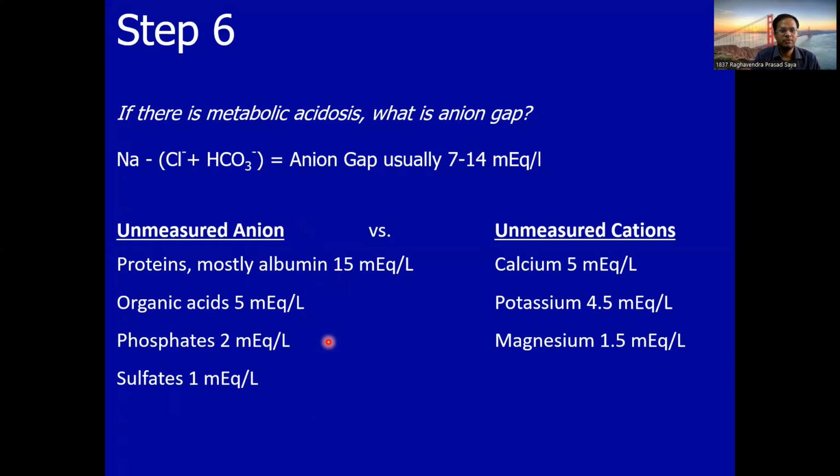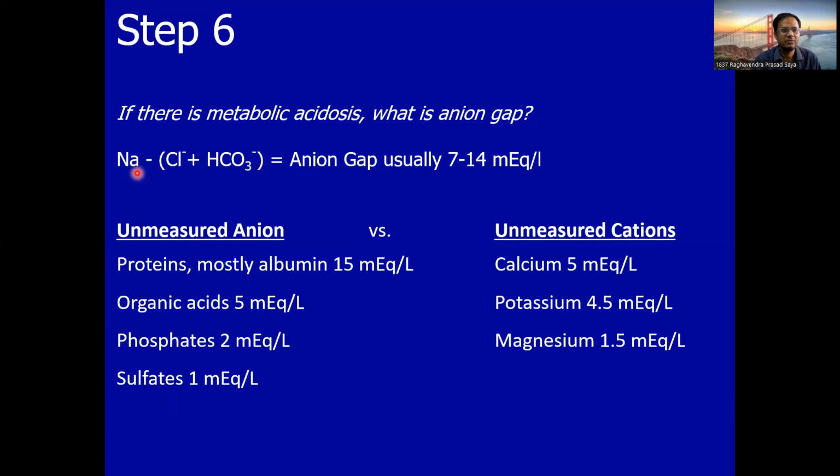Ideally, in human physiology, normally the sum of all the positive ions, that is cations, and the sum of all the negative ions will be equal. That is called electroneutrality. So in the case of anion gap, what we are doing is taking a shortcut.